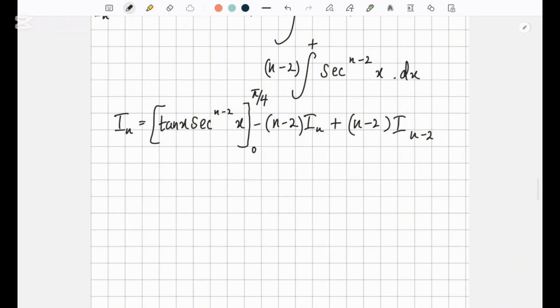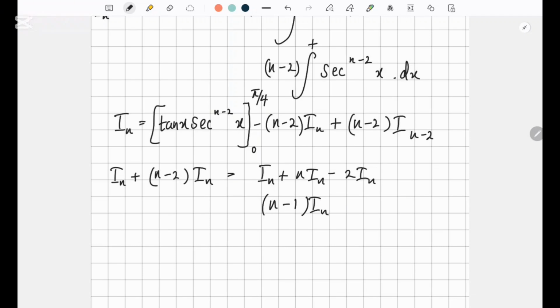So since we have I_n on the right side, we could take it to the left side, right? So you could write I_n plus (n minus 2) I_n. It's going to go on to the left side. Let's just simplify this. So we'll have I_n plus n into I_n minus 2 I_n, giving you (n minus 1) into I_n, right?